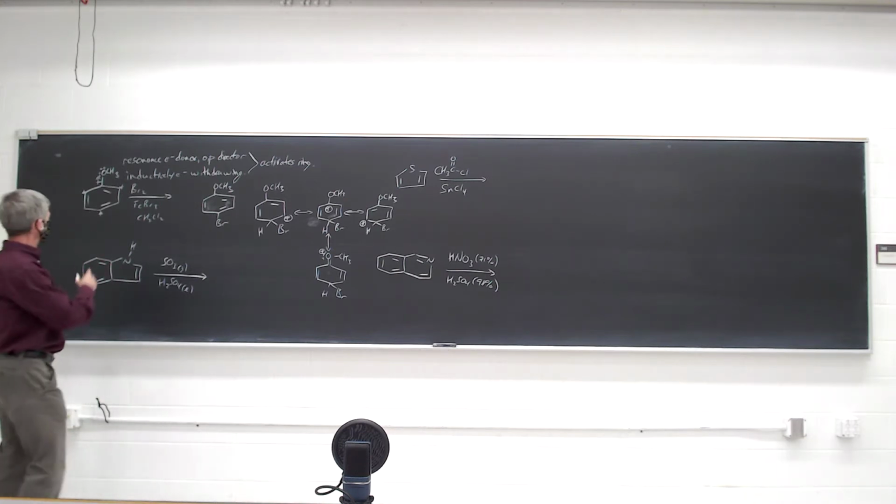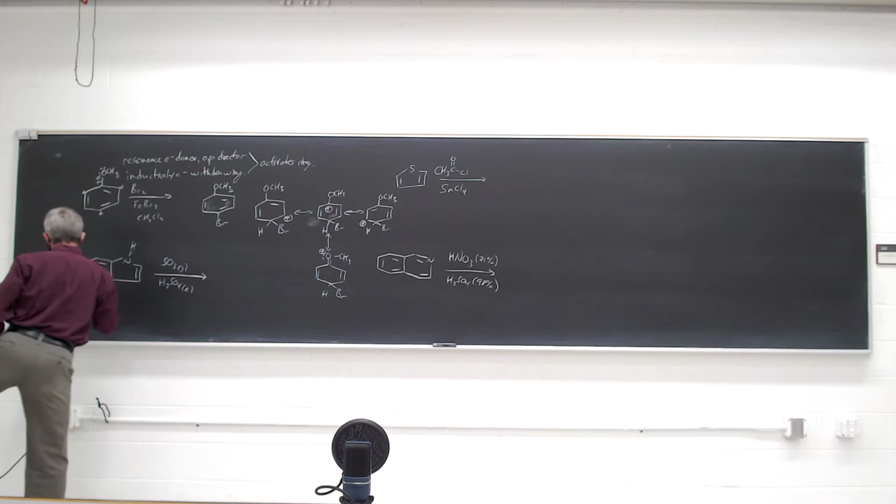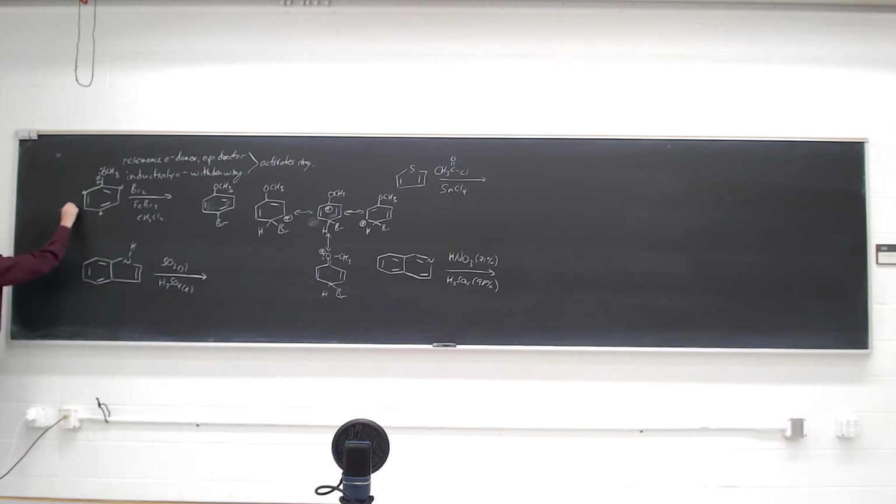You could also have drawn resonance structures of the starting material and shown that it's the ortho and para positions that have the negative charge because of the resonance donation.